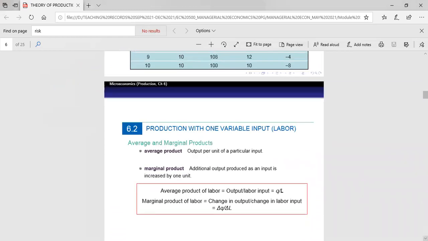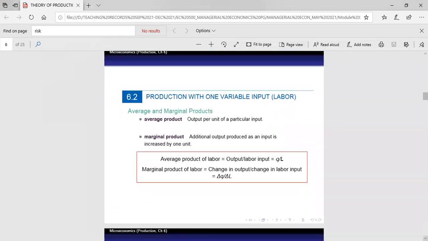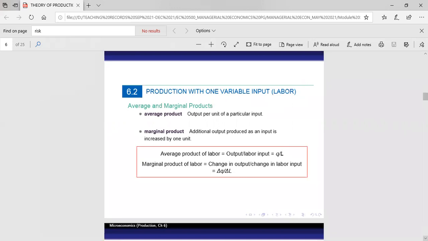So that was the production with one variable input, labor. Then we have average and marginal products. Average product will be the output produced per unit input, right? Then the marginal product, of course, the other side it was average cost, marginal cost.